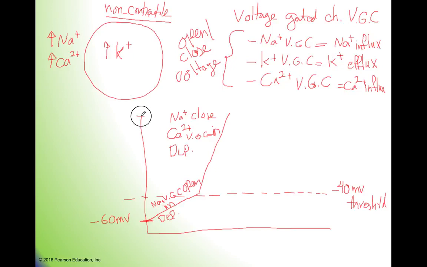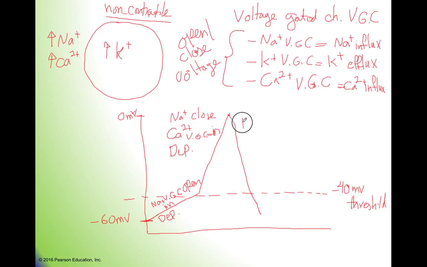And this is going to reach the voltage about 0 millivolt. Now, at 0 millivolt, what you're going to do is you're going to start to repolarize. So you start to come down back to negative 60.